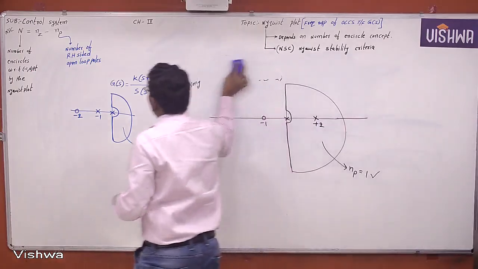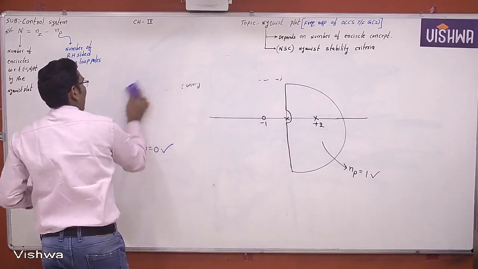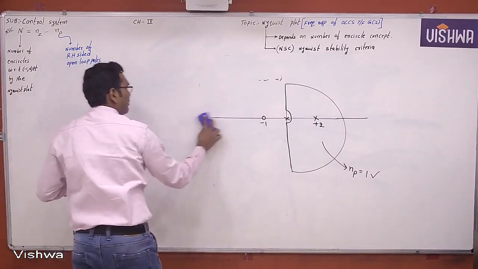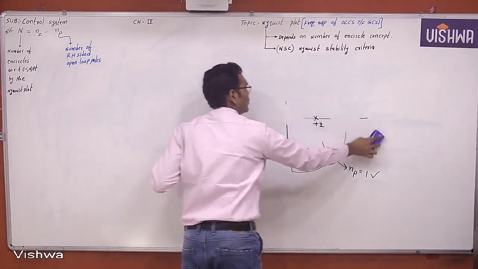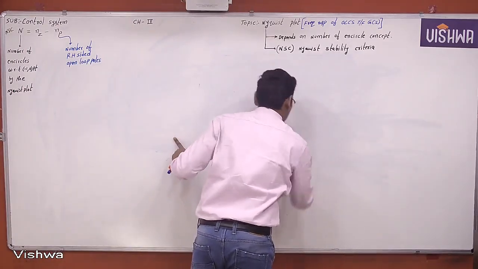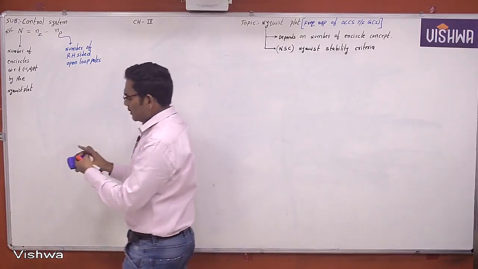Clear or not? Now this is the way you can find capital N and NP. NP means the right hand sided open loop poles of the open loop transfer function. So there is only one parameter left here.